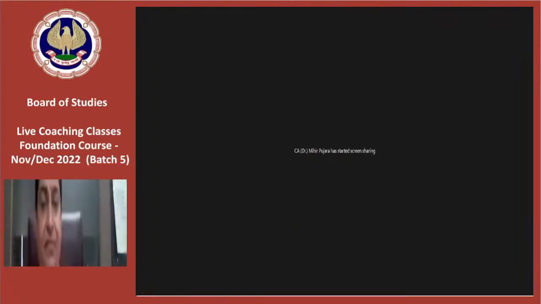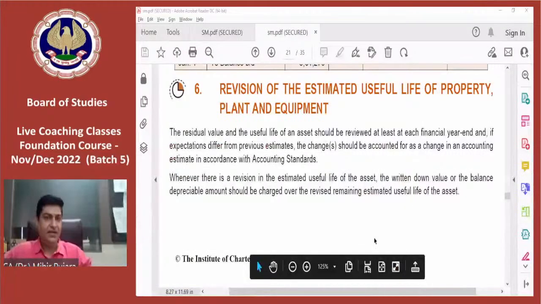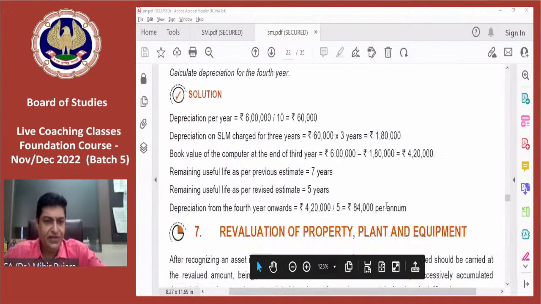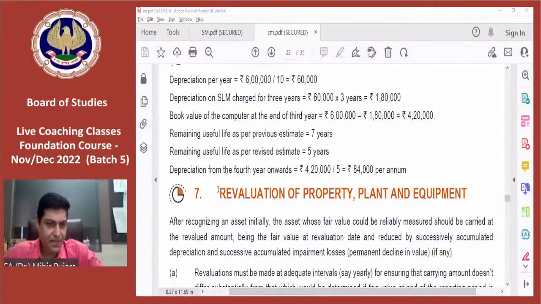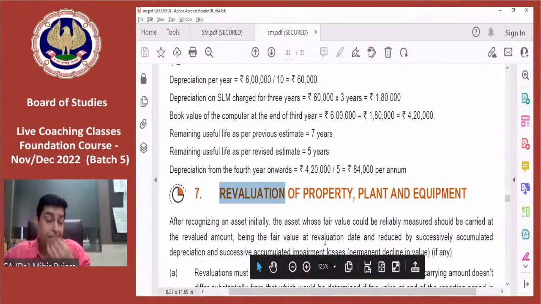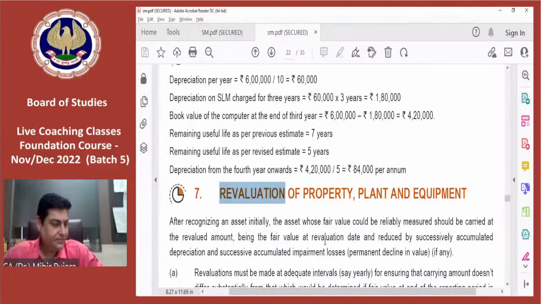So guys, we are talking about this point now, the last point. Revision and then revaluation. So first of all guys, for its questions, we will do 3 or 4 small questions.